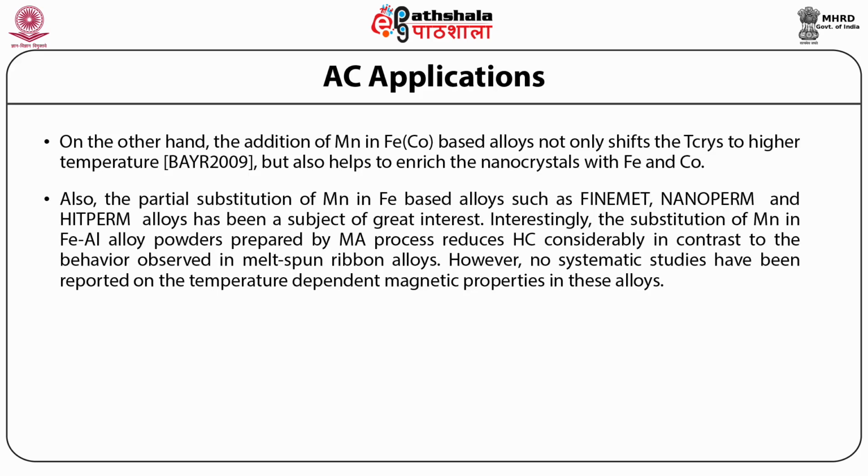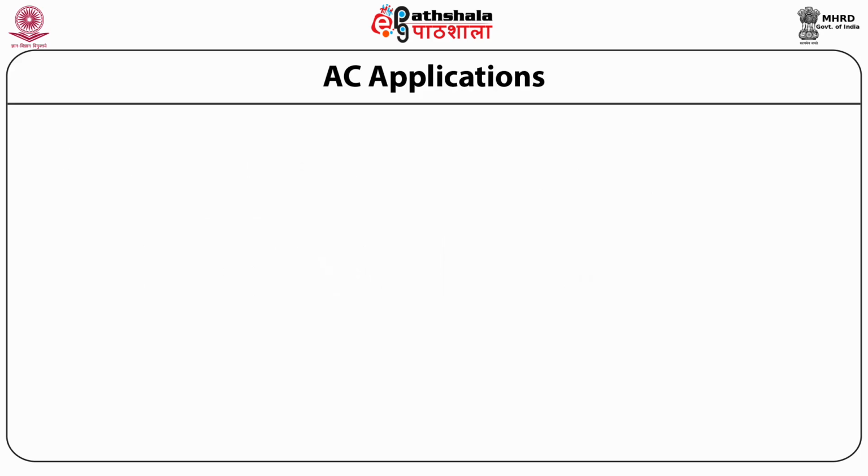Interestingly, the substitution of manganese in iron-aluminum alloy powders prepared by mechanical alloying process reduces Hc considerably, in contrast to the behavior observed in melt-spun ribbon alloys. However, no systematic studies have been reported on the temperature-dependent magnetic properties in these alloys.